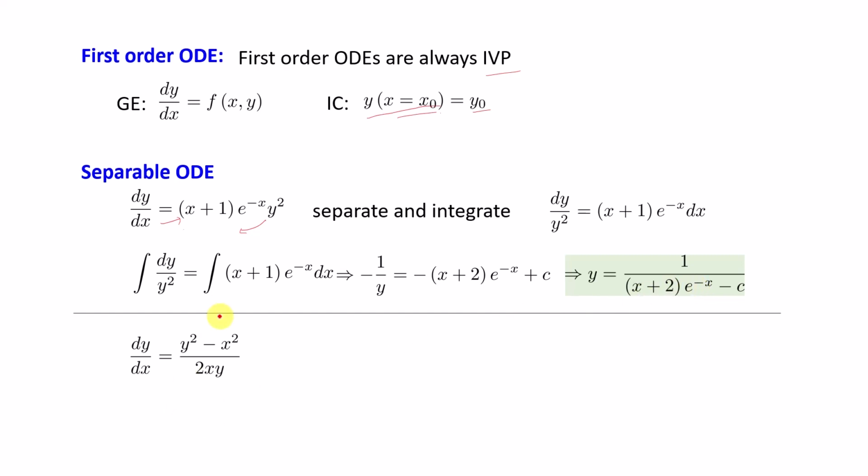Let us take one more example. Here dy/dx = (y² - x²)/(2xy). It looks like we cannot separate it, but we can play around and try to separate it in a slightly different way. Here we can write the right hand side as y/(2x) - x/(2y), and then I can write y/x as u, therefore x/y is 1/u.